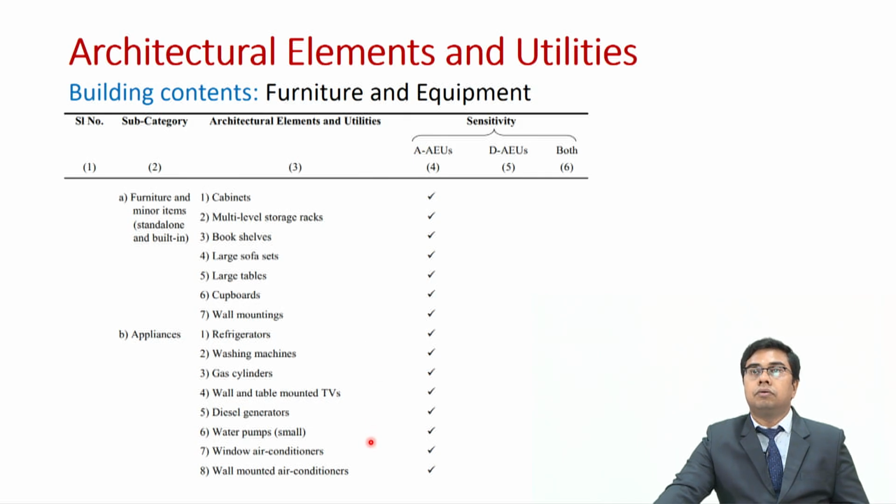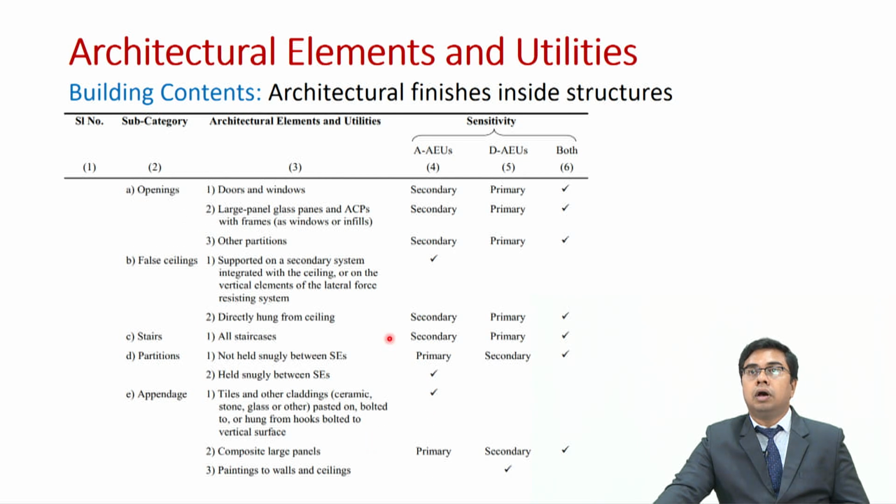Now let us look into architectural finishes inside the structure which are also part of building contents, such as the doors and windows, the glass panes with frames and other partitions. Now these are classified as ADAEUs, which means they are acceleration cum deformation sensitive AEUs.